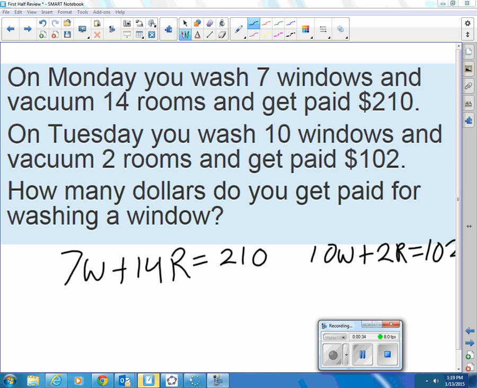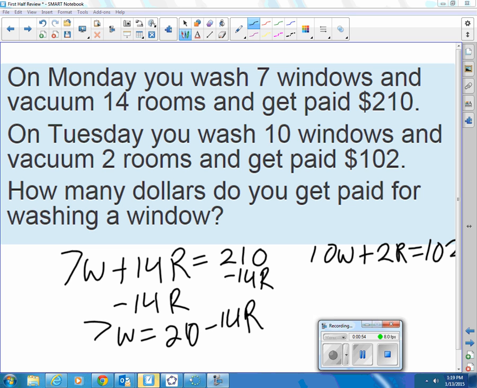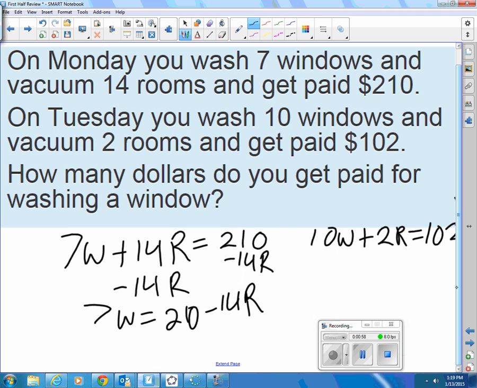Okay, so let's subtract the one with the larger coefficient from each side. So that says 7 windows will be equal to 210 minus 14R. And then I can divide that by 7.